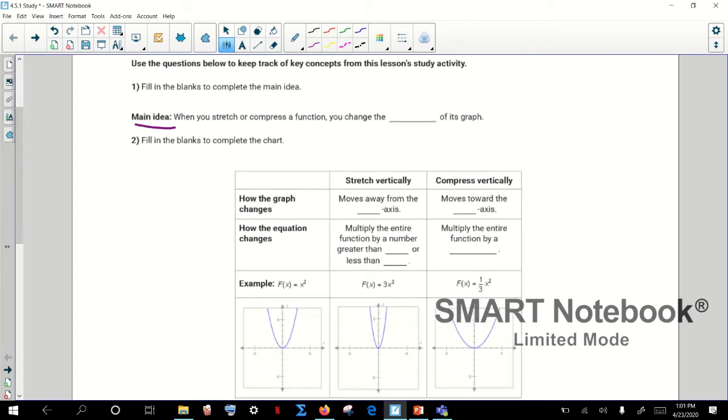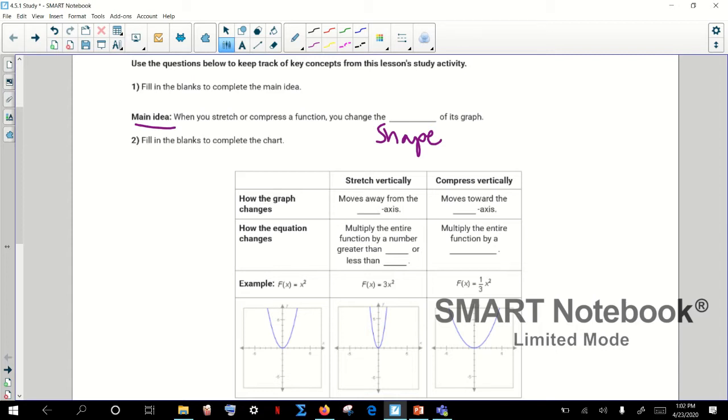So the main idea: when you stretch or compress a function, you change the shape of its graph. If you remember last week when we shifted functions left and right or up and down, so horizontally or vertically, only the position of the graph changes. The shape of the graph does not change.